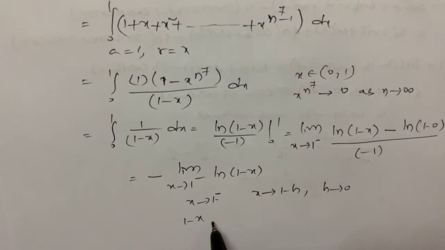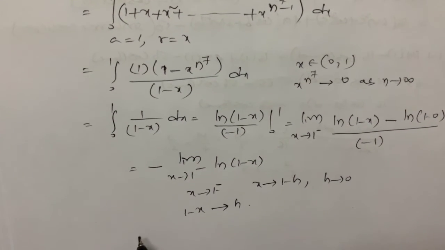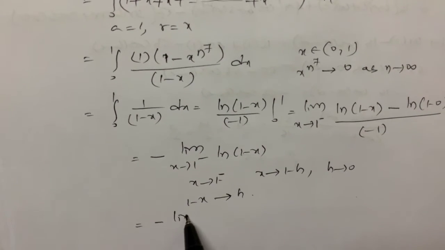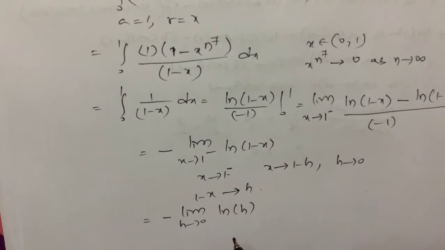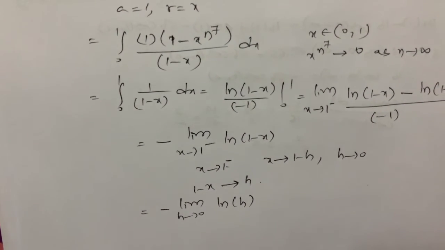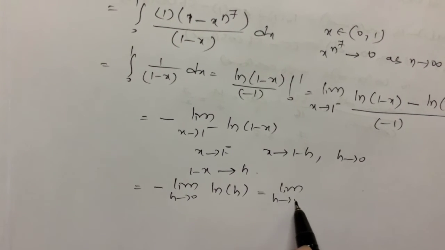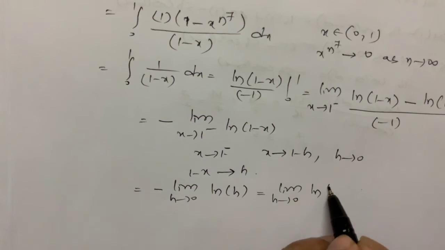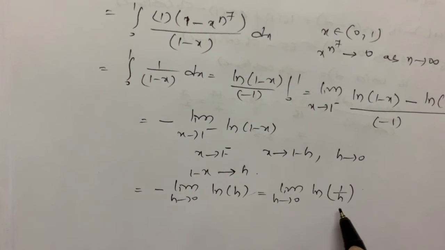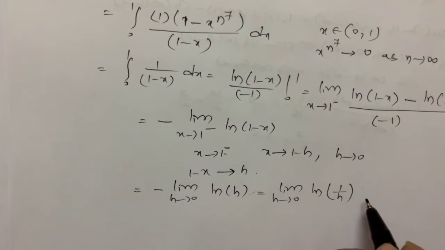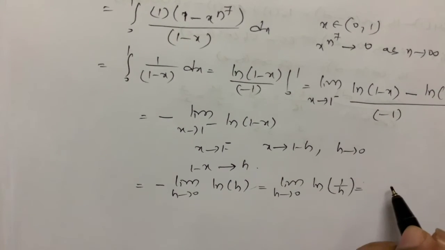1 minus x will tend to h, right? So this is minus of limit h tends to 0 ln h. Minus ln h is nothing but ln 1 by h. As h tends to 0, 1 by h tends to infinity. So consider 1 by h equal to some t.